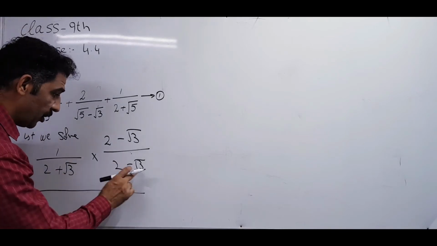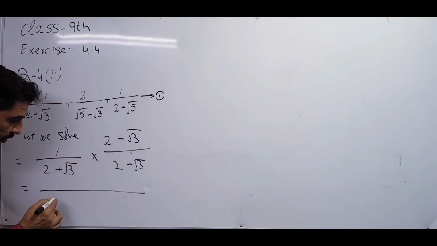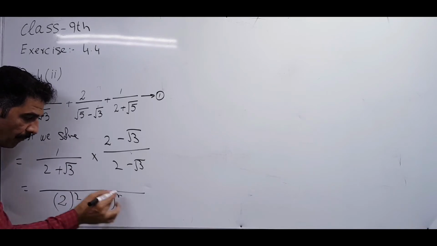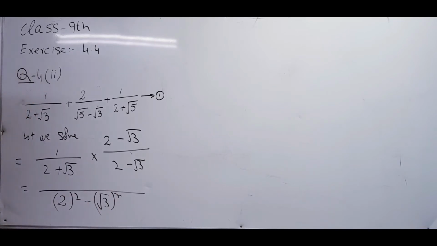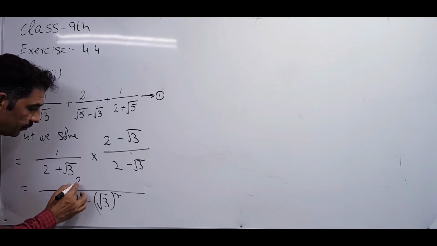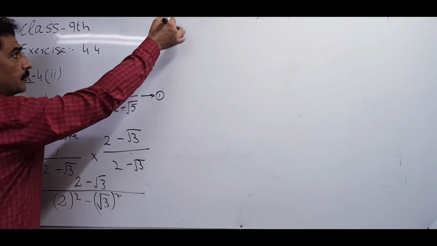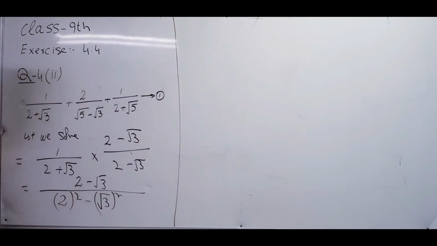A plus b into a minus b equals a square minus b square. That formula, square of the first element minus square of the second element. When we multiply by 1, there is no change, so it will remain the same. 2 minus root 3, right? 2 minus root 3 will be the same.